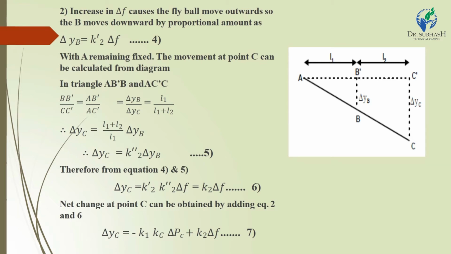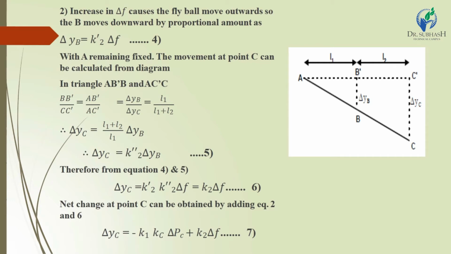In the triangles AB'B and AC'C, we can write B'B upon C'C is equal to AB' upon AC'. So delta YB upon delta YC is equal to L1 upon L1 plus L2. By using this equation, we can write that delta YC is equal to L1 plus L2 upon L1 into delta YB. Hence, delta YC is equal to K'' 2 into delta YB.